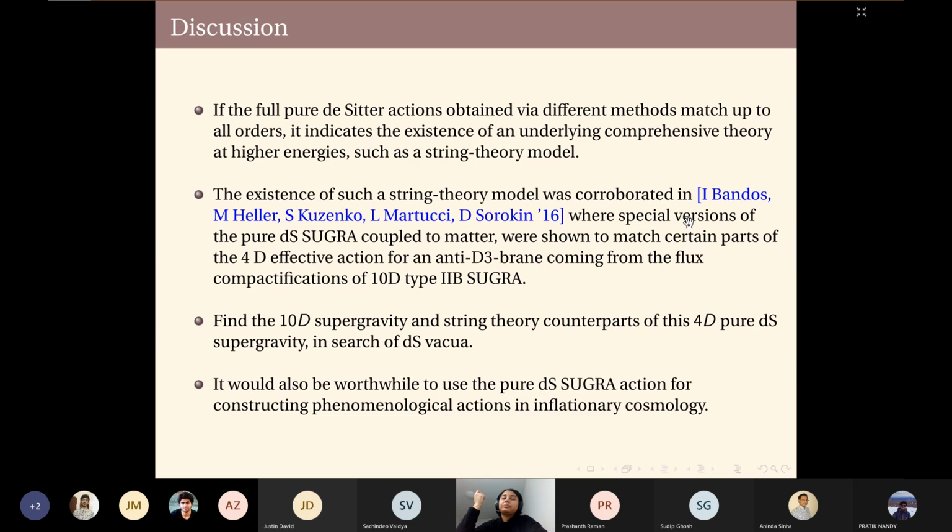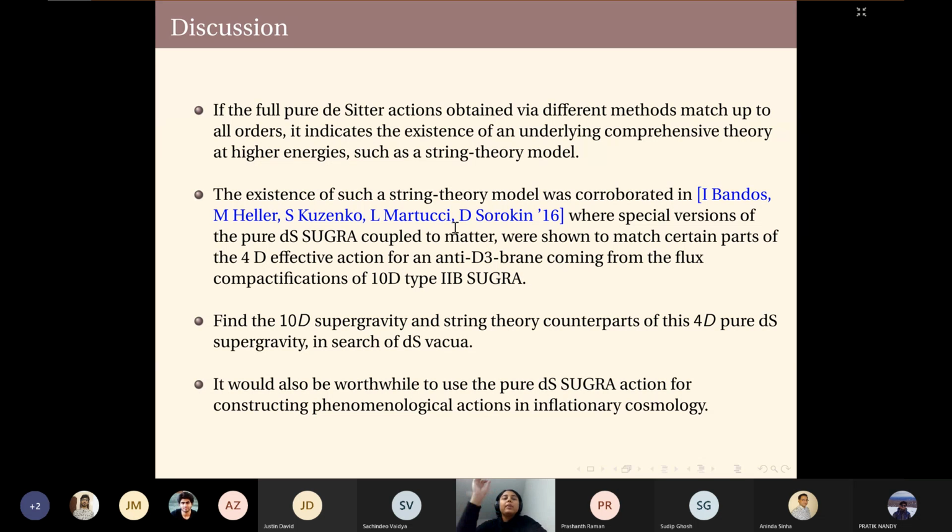Now, when I talk about the possibility of a string theory model, it's worth mentioning that such a model was already shown in this paper by the same people who showed the Goldstino brane action. This was a paper following their Goldstino brane action paper, where they coupled their pure dS supergravity action to matter and took special cases of that action.